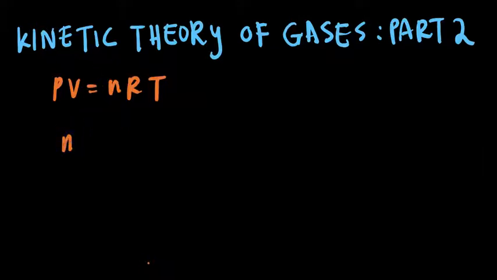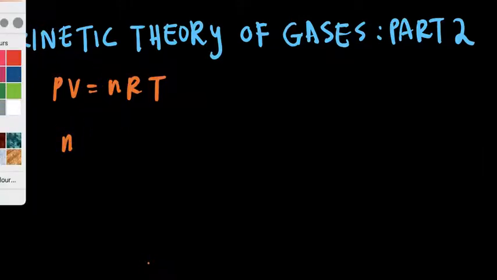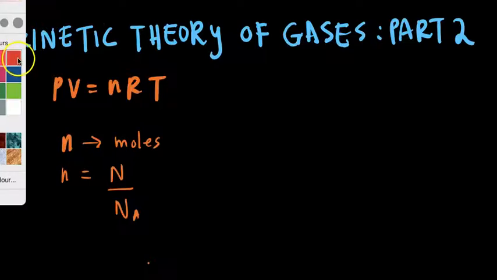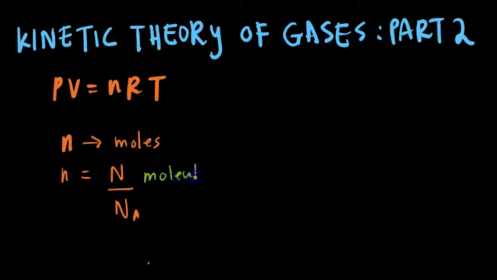We talked about this. n is the number of moles of gas, right? This is moles. And in chemistry, they teach you n is equal to capital N over capital N subscript A. So what is that? N is the number of molecules in a container or whatever system that you have, and N_A is the Avogadro constant.